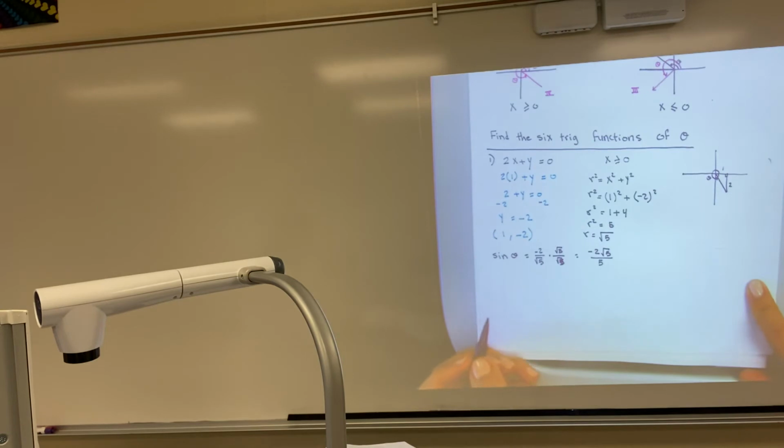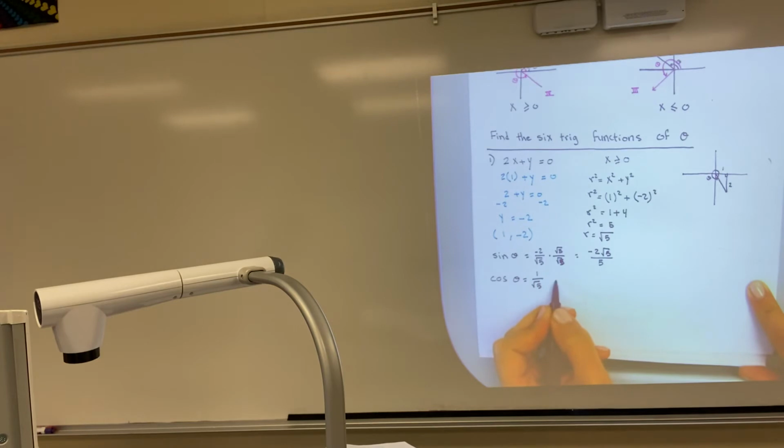Then you have cosine theta, and that is 1 over root 5. Again, multiply by root 5, top and bottom, and that will be root 5 over 5.